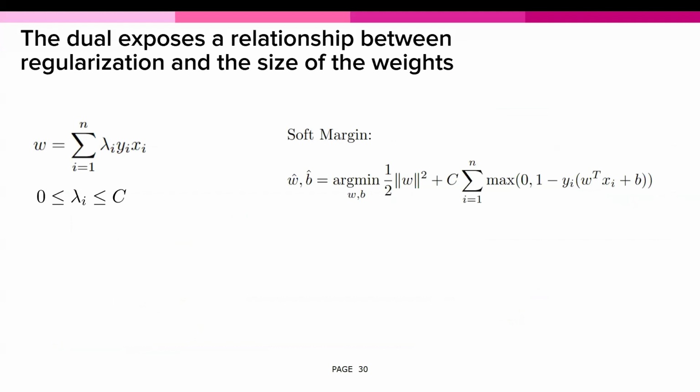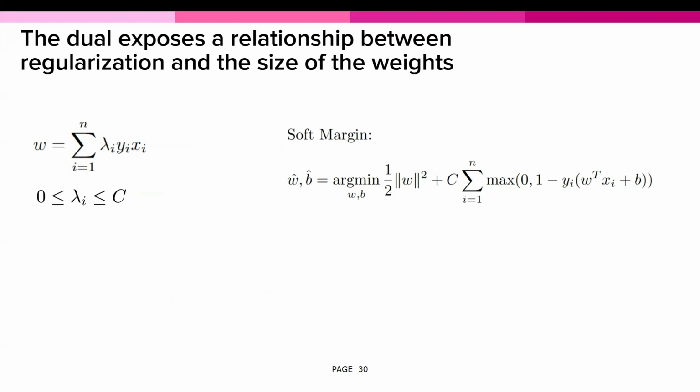Okay, so that helps give us a geometric picture of what's going on. But we also know a bit more about the Lagrangian multipliers that determine the influence of a single training point on the decision boundary. Specifically, lambda is constrained to be less than or equal to C. So the hyperparameter C limits how large lambda can be, which in turn places an upper bound on how much influence any one support vector can have.